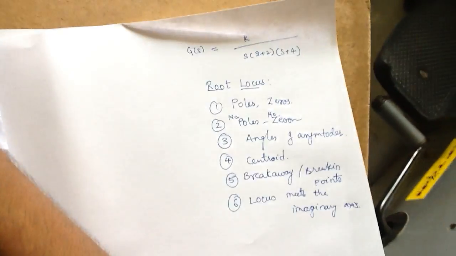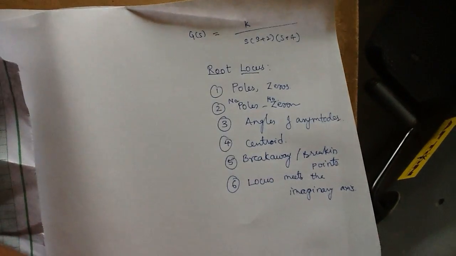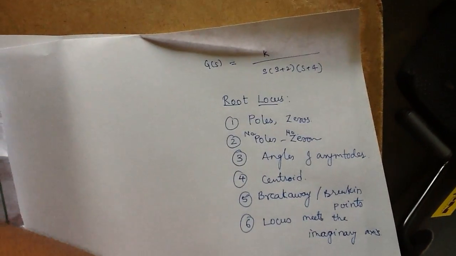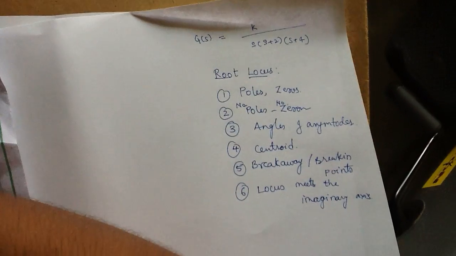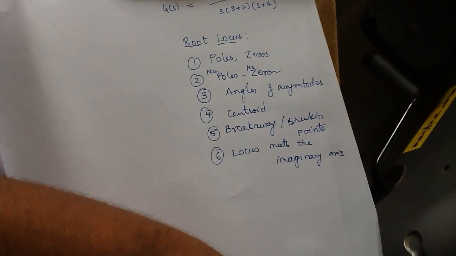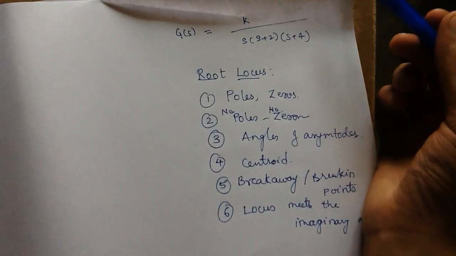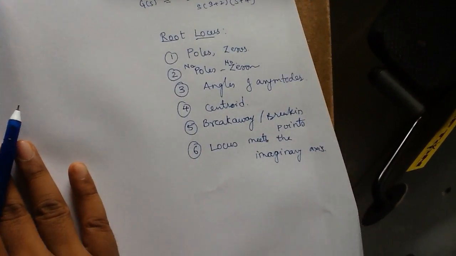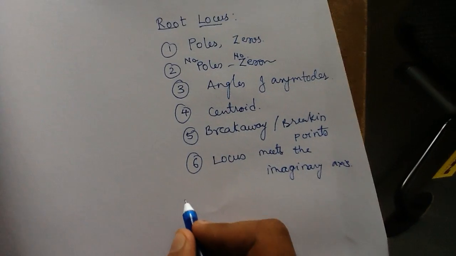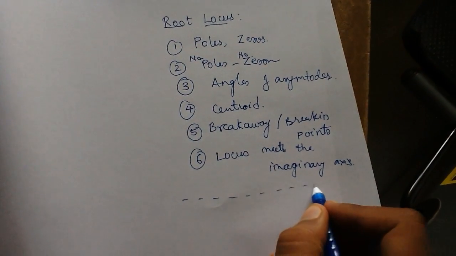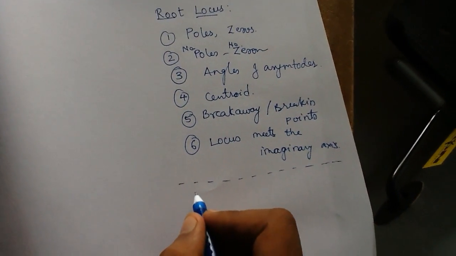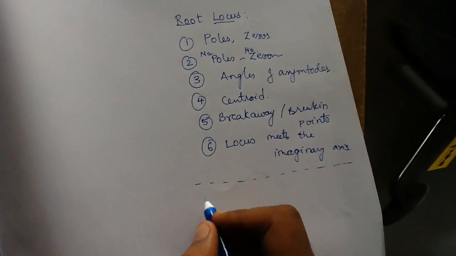But just imagine a case where you cannot further factorize the denominator or the numerator. For example, I have s squared plus 4s plus 11 or something like that. Then in that case, I'll have to find out a few more things. That is when the root locus becomes more complex. So in this example, you won't be finding out those. I'll definitely do that in my next video.